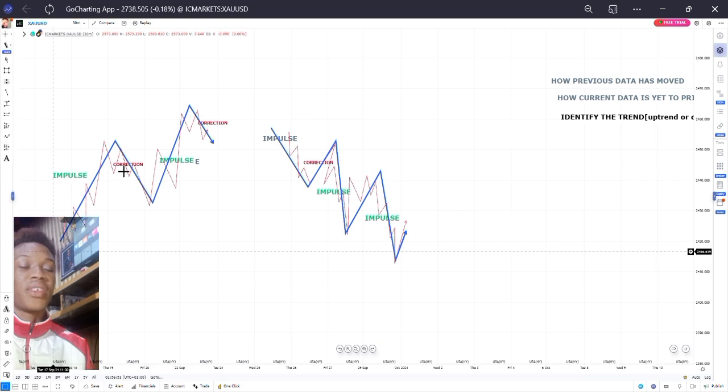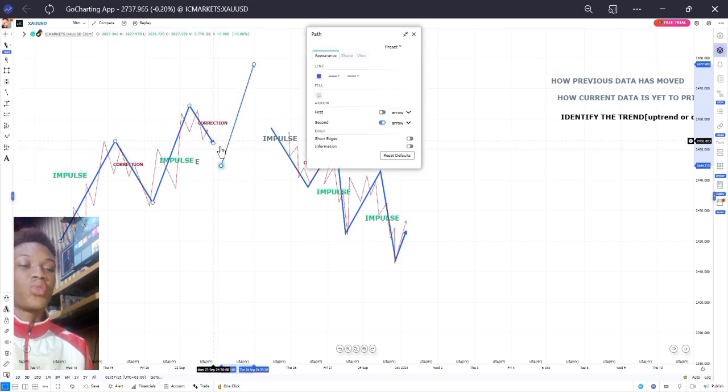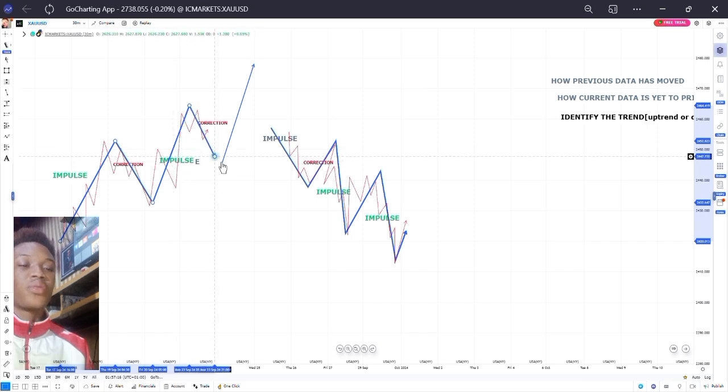After identifying that this is an impulsive move, now I'm anticipating a correctional move back into this zone before we can see price breaking this high, guys. We don't know where price might likely get to before we see that impulsive move again to the upside, guys.